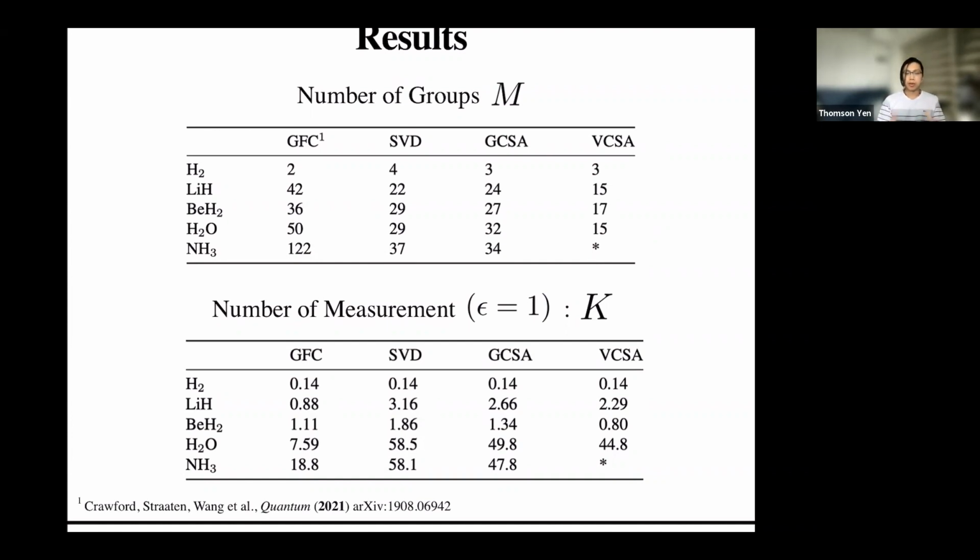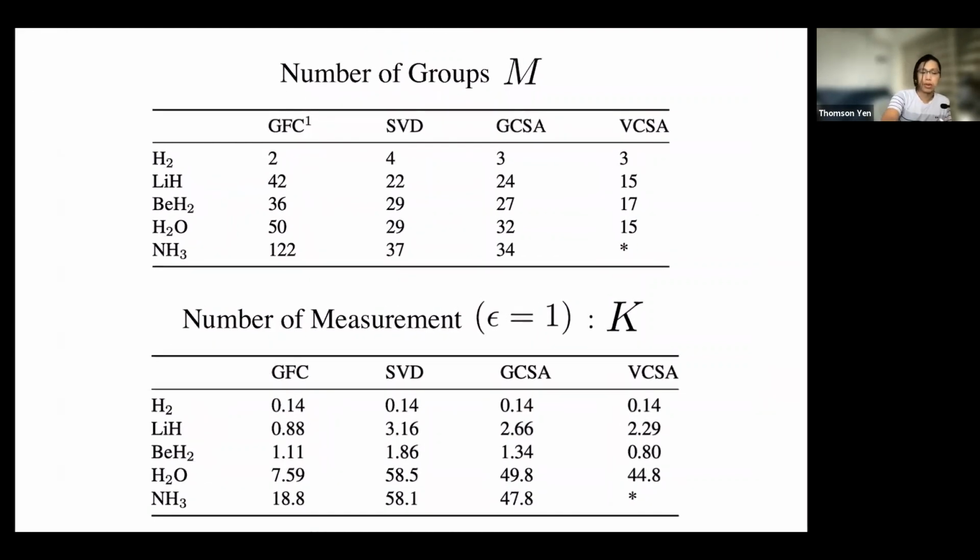When you go for bigger molecules, they have a different scale. Different methods have different scalings as n grows larger. The problem of GFC is that for now we're looking at smaller molecules and it has lower k, but when we go for larger n, we expect the number of groups for GFC to skyrocket faster than the other methods.